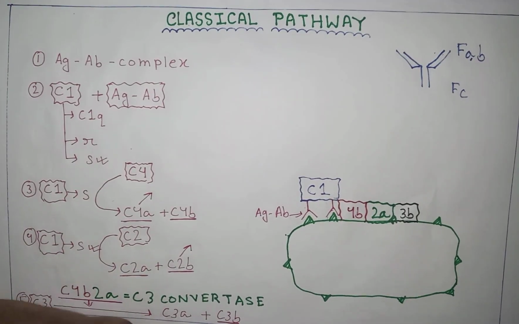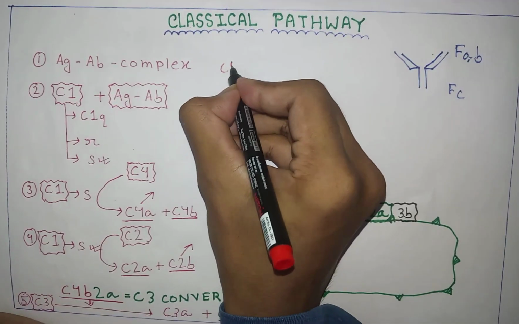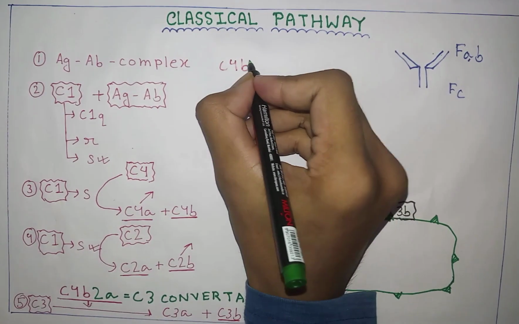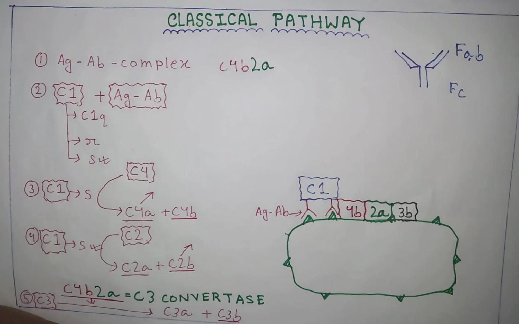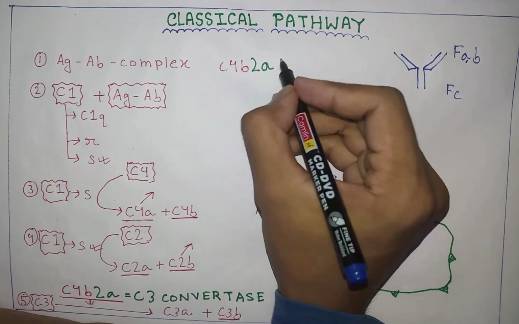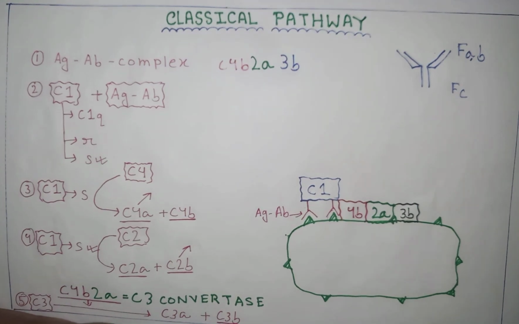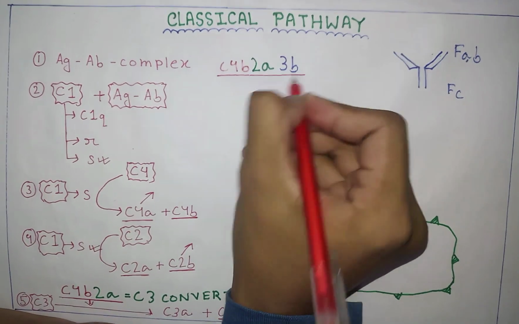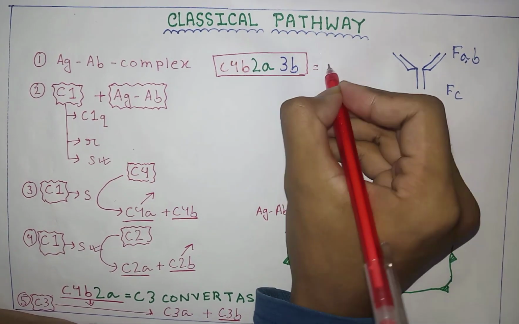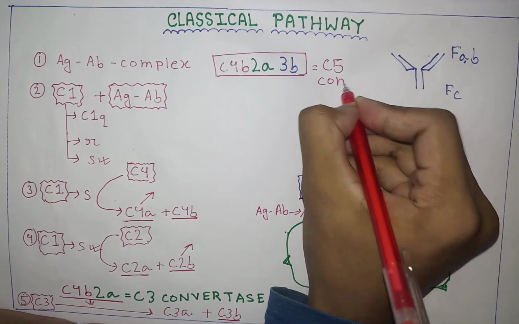Now we have C4B, C2A, and also C3B. This complex of C4B, C2A and C3B will act as C5 convertase.